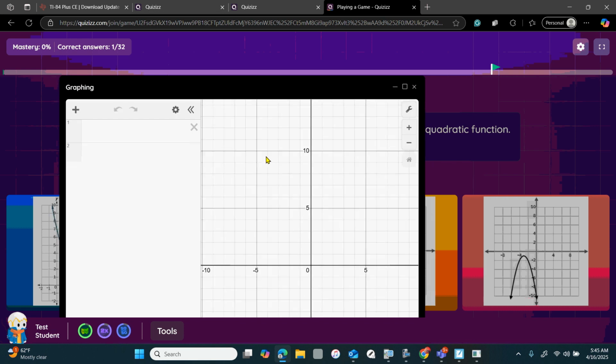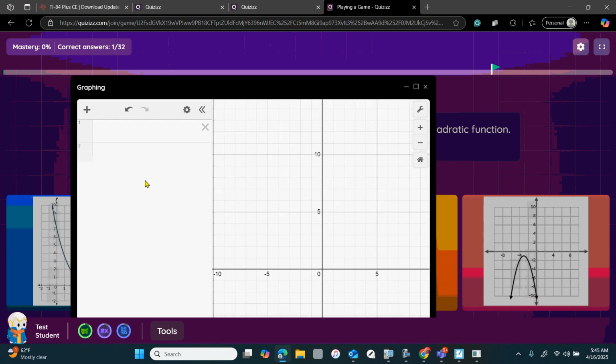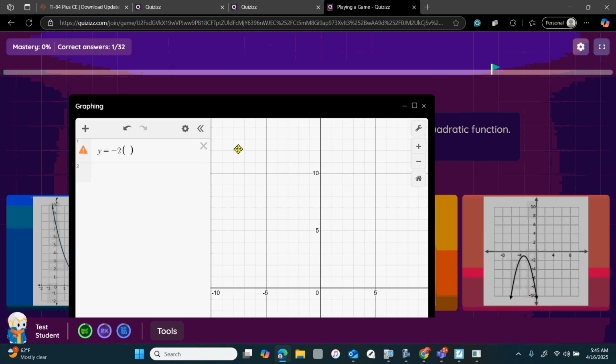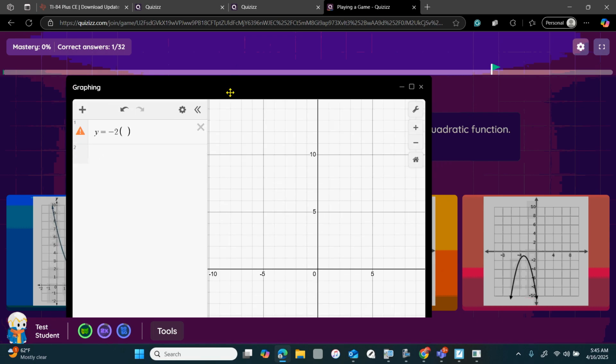So what we're doing is, make sure -2, so I could type in y equals -2, parentheses, we have x plus 3 and then plus 1.